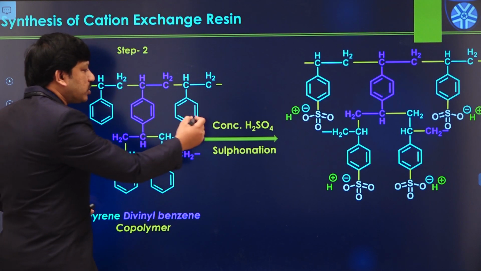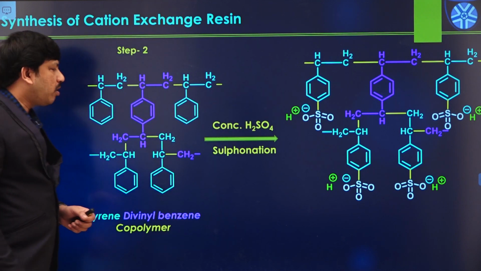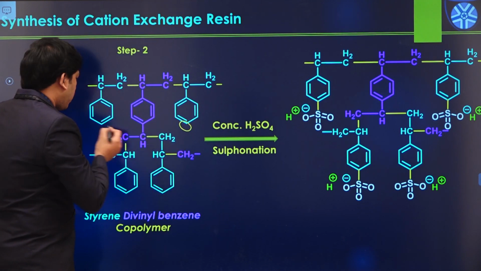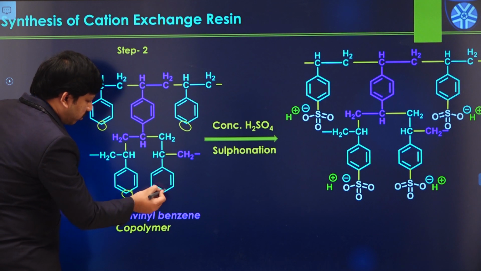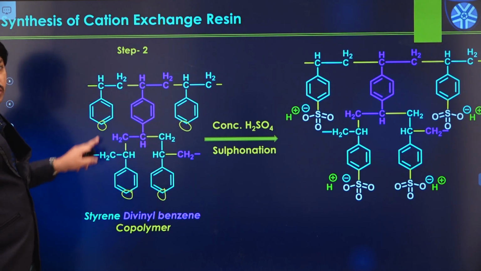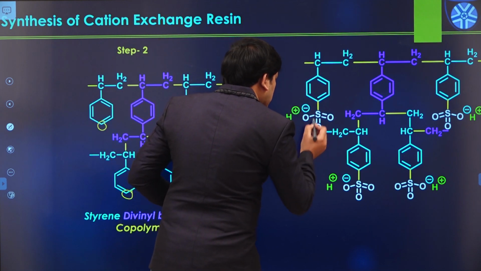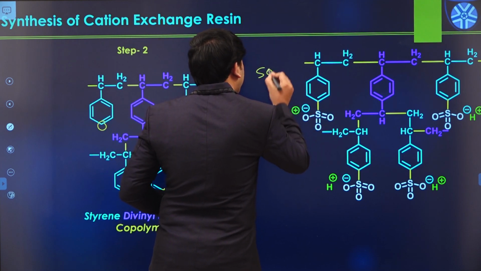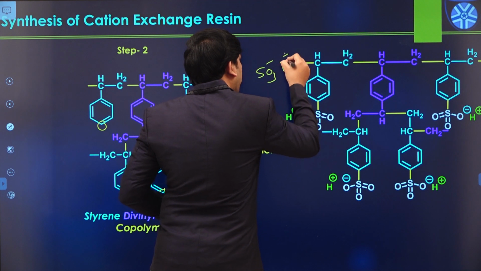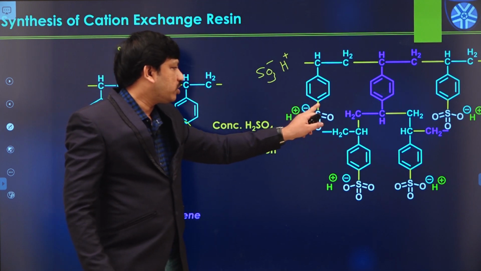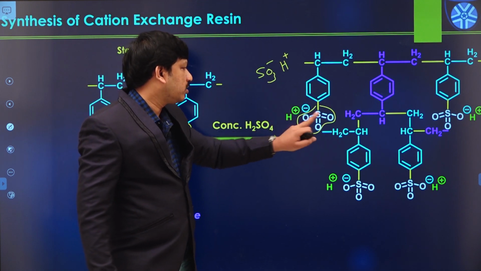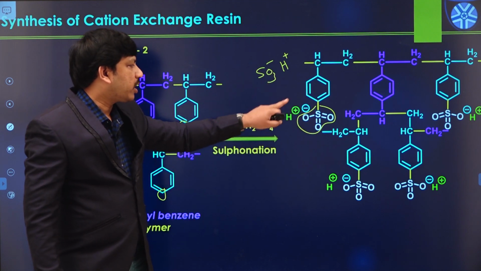If you do the sulfonation process in this manner, all the para positions of the styrene molecule are occupied by SO3 minus and H plus groups. This is SO3 minus and the corresponding H plus group.